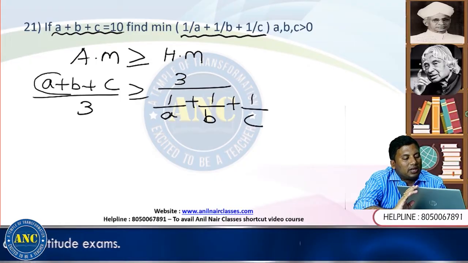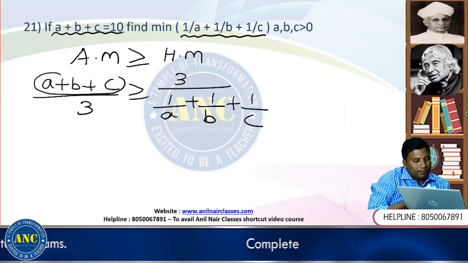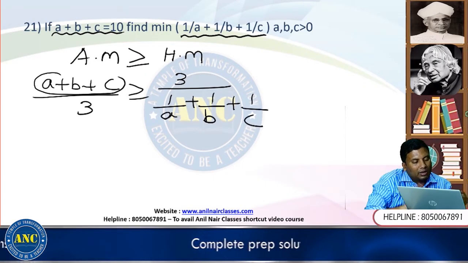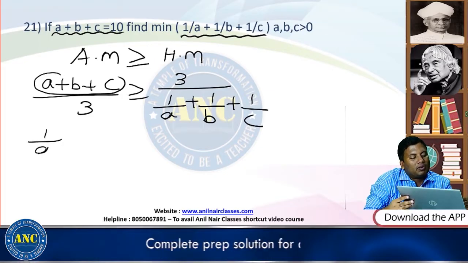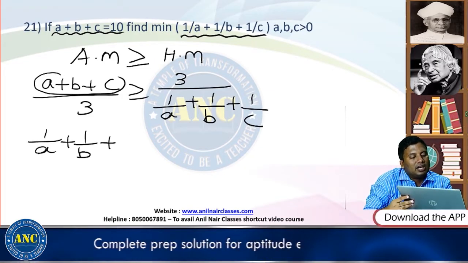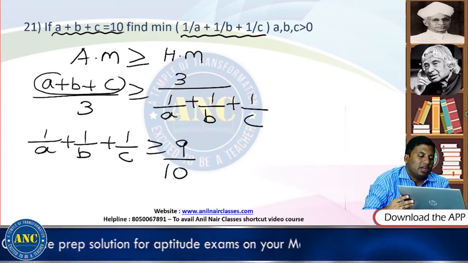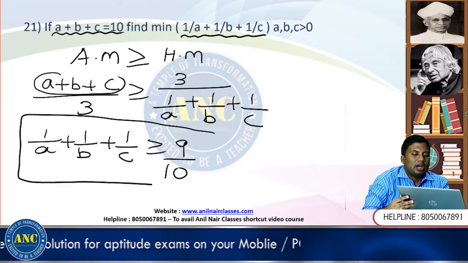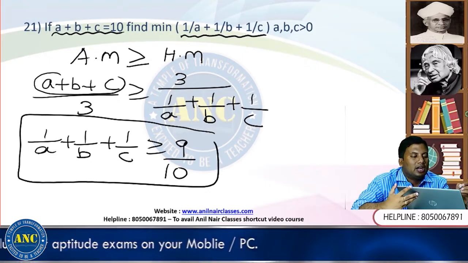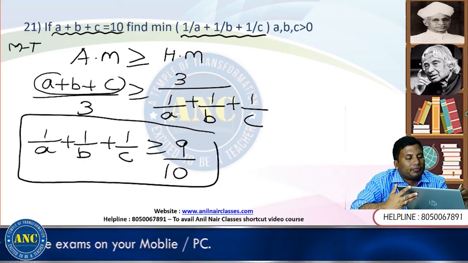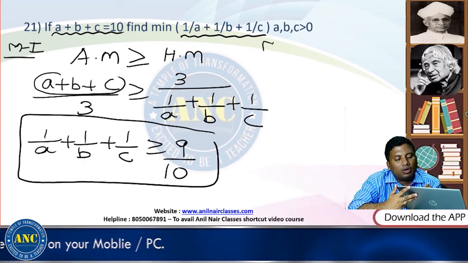A plus b plus c is 10, so this will become 1 by a plus 1 by b plus 1 by c. It is greater than or equivalent to 9 by 10. I hope it is clear. This is method 1. Directly you can do method 2.